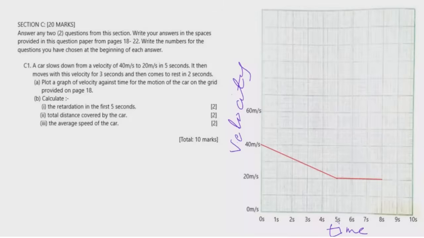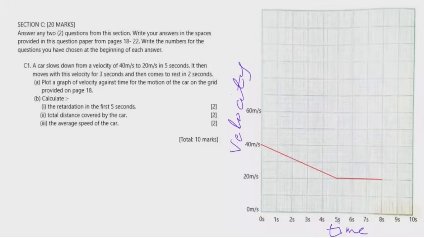After we've done that, we can go to the other part, which says it then comes to rest in 2 seconds. So it comes to stop in 2 seconds. That means after moving at 20 meters per second for 3 seconds, it came to rest. So from 20 meters per second to 0 meters per second, it stopped.